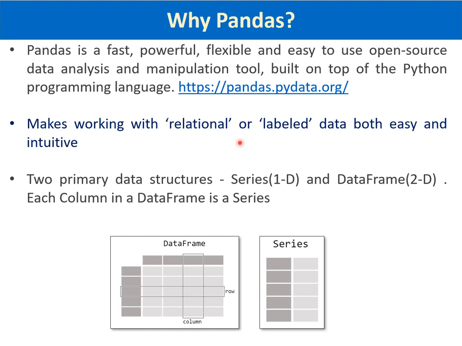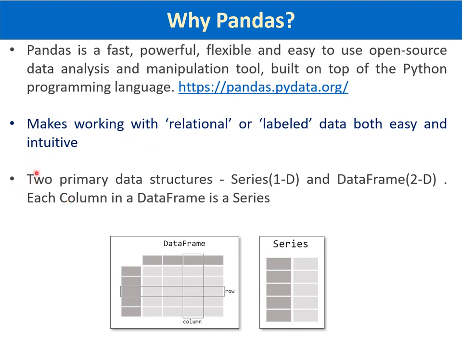Because it is so fundamental and we use it daily, especially in the case of water sector, we have to deal with a lot of data which is presented in the form of tables. So, Pandas will be very useful.